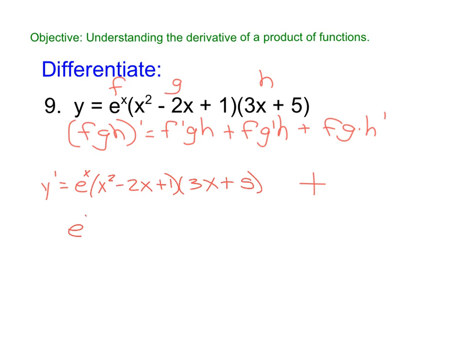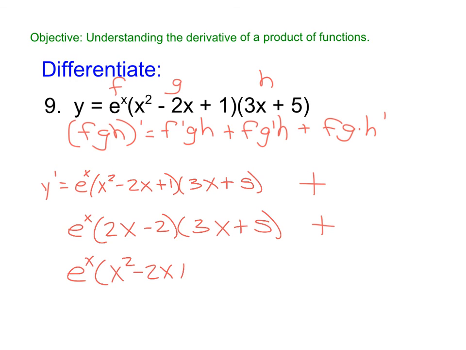E to the x, the first, derivative of the second, times the third, plus the first, the second, and then the derivative of the third. That's the answer. If you have a big paper, you can write it all in one line. It looks better that way, but that's it.